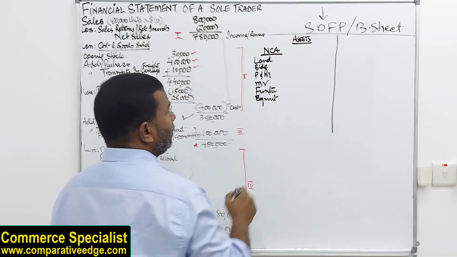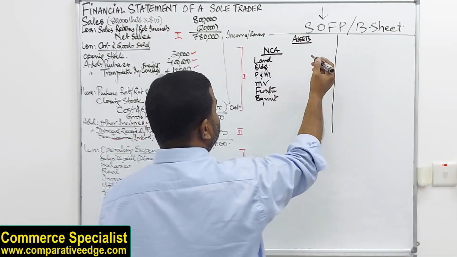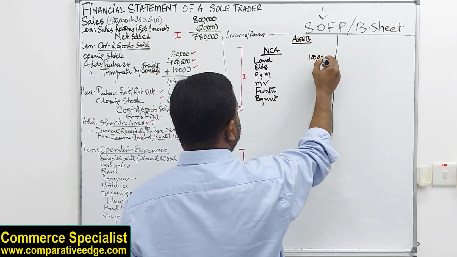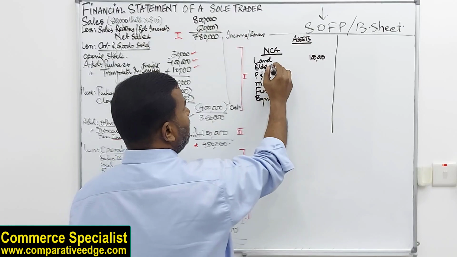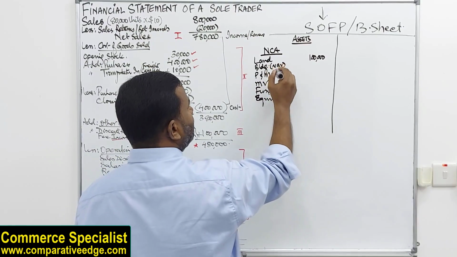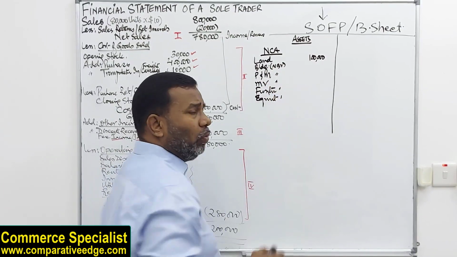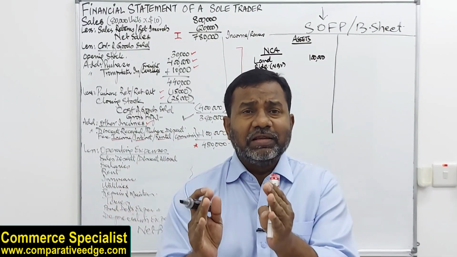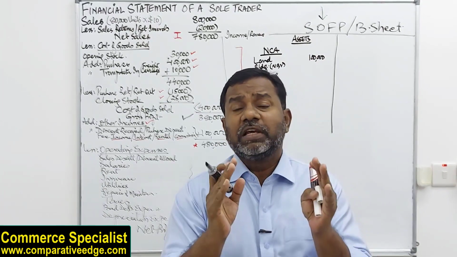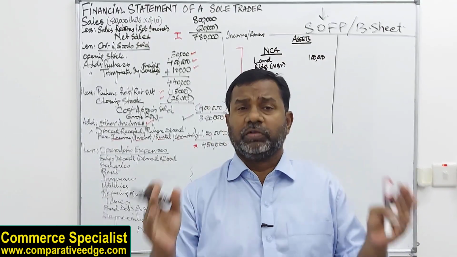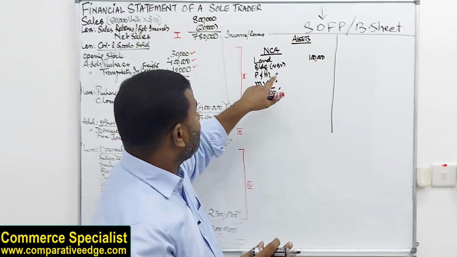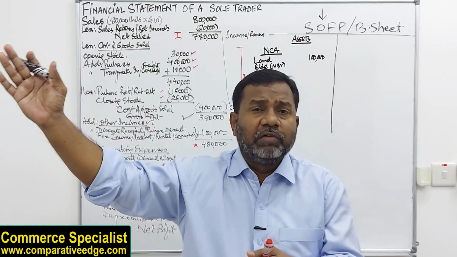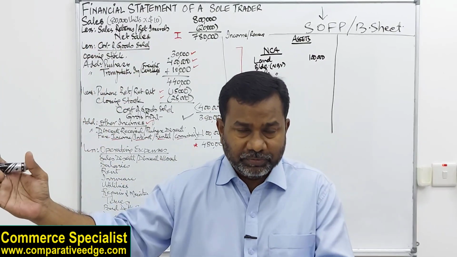All right. So land is an asset which does not depreciate. So I'm taking its value to be, let's say, 100,000. All the other items are on net book value. When I say net book value, means their historical cost minus accumulated depreciation. When I say accumulated depreciation, I mean total depreciation. For example, if I talk about building, its historical cost, let's say 5 years back, we purchased it for 500,000.